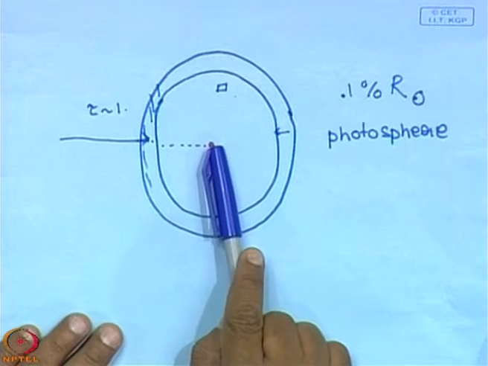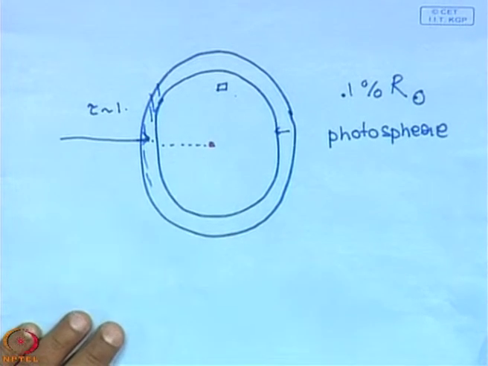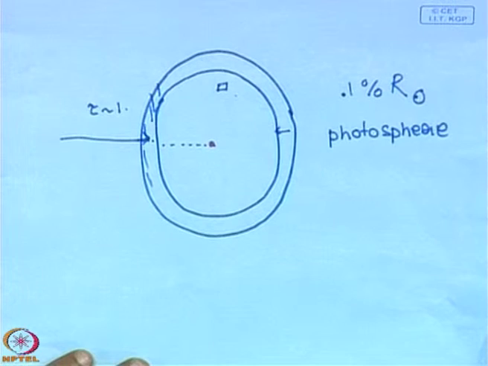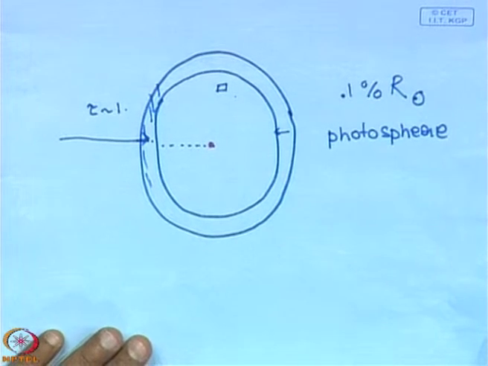Okay. Now, the radiation also then, let us see what kind of radiation do we expect at the center of the sun. So, if you have tens of millions of Kelvin, what kind of radiation do you expect at the center of the sun?